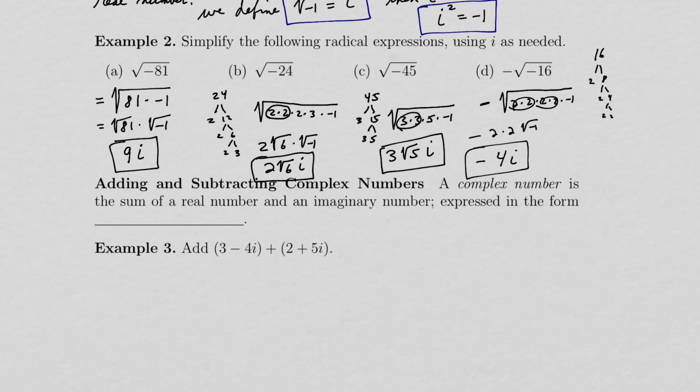Okay, so by definition, we're extending the set of numbers to now what's called the set of complex numbers, right? Including these imaginary numbers. So what is a complex number? A complex number is basically the sum of a real number and an imaginary number, and it has the form a plus bi, where a and b are real numbers.